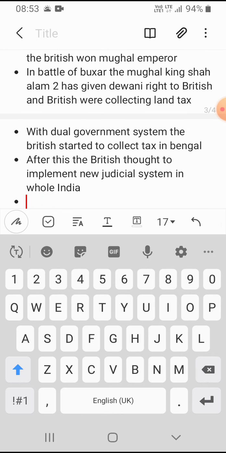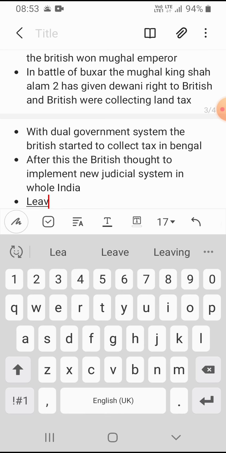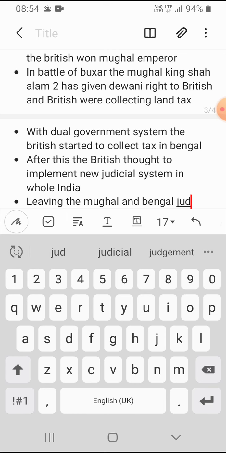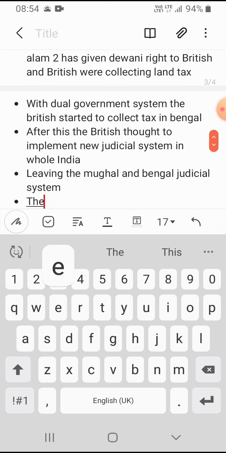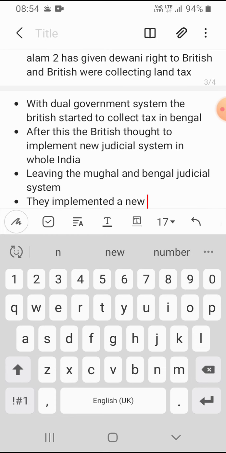So leaving the Mughal and Bengal judicial system, they implemented a new judicial system.